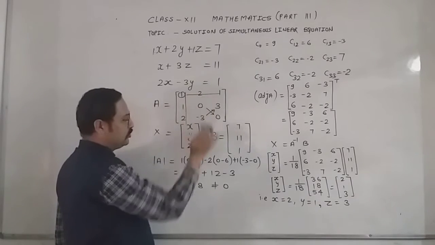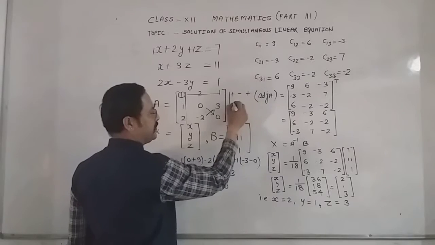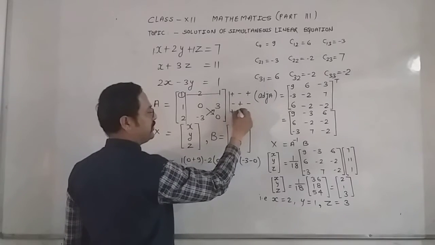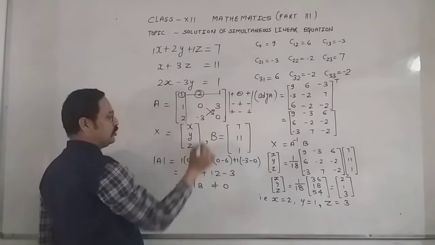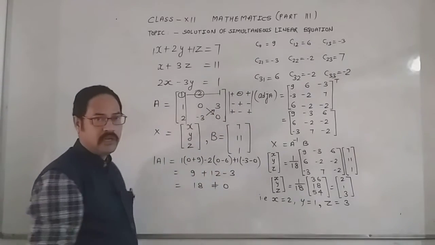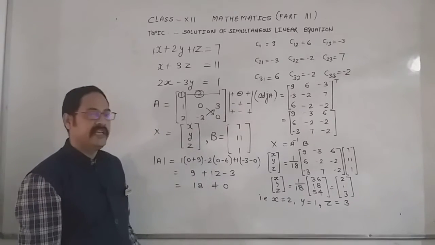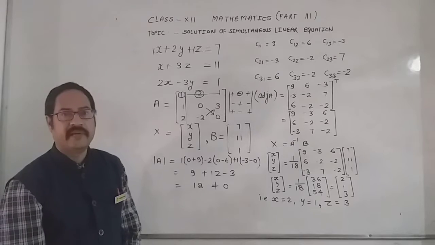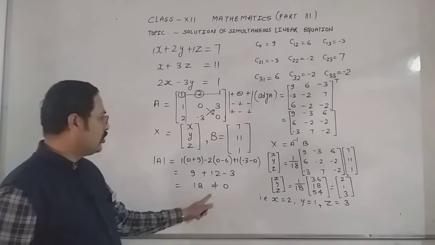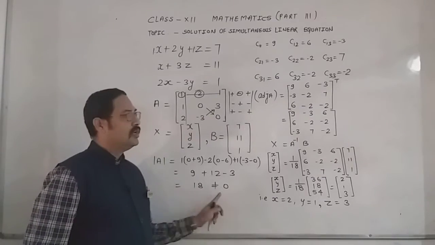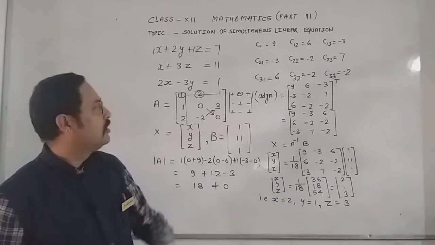Similarly, from 2, the sign pattern is plus, minus, plus, minus, plus, minus, plus, minus, plus. So this is minus 2, and by deleting that row and that column, similarly we can find the value of the determinant, which is equal to 18. We find the value of determinant A is equal to 18, which is not equal to 0. You can see on the board, which is not equal to 0. That means this equation has a unique solution.